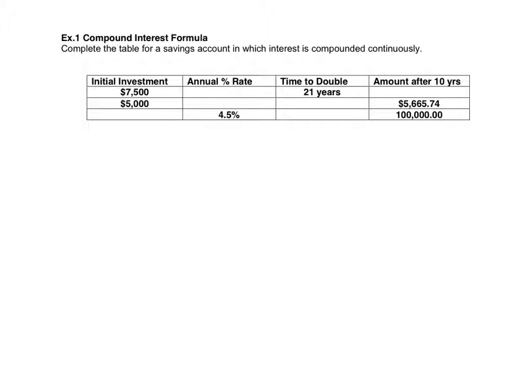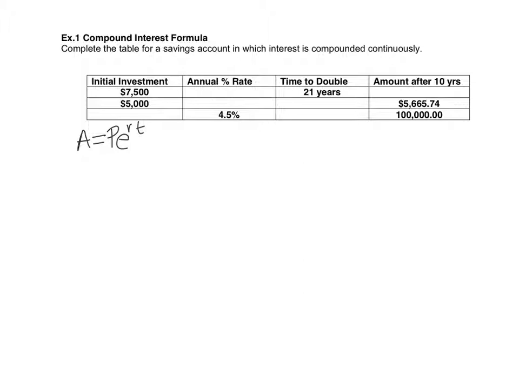First off, start by writing the formula down. We have A equals P e to the RT. For the very first one, I'm going to fill it in with what I do know, and then solve for what I don't.